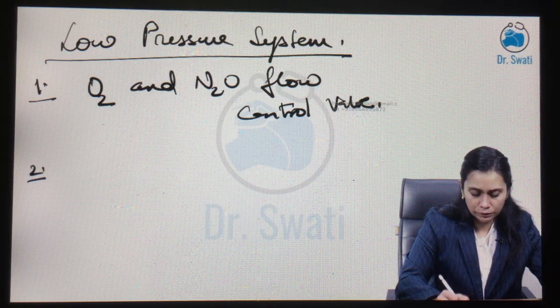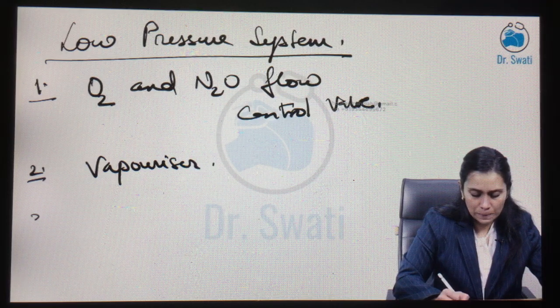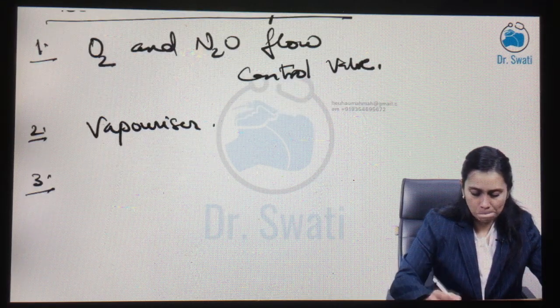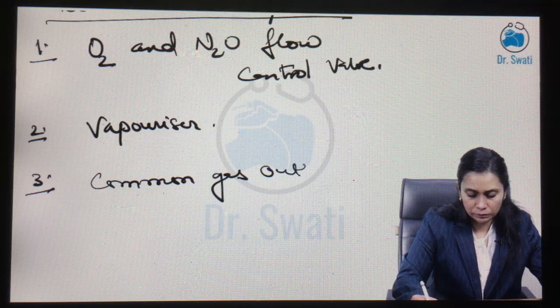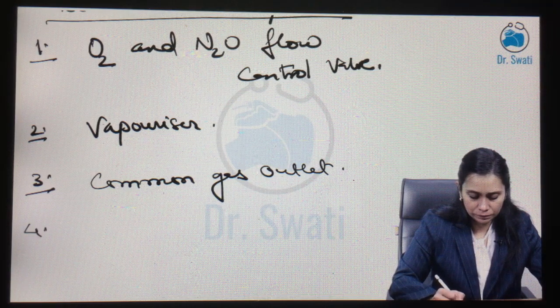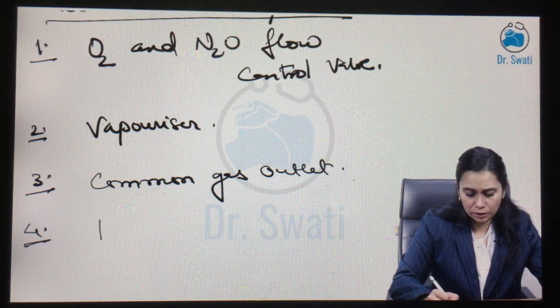Then vaporizer. Then common gas outlet. And then your hypoxia guard.